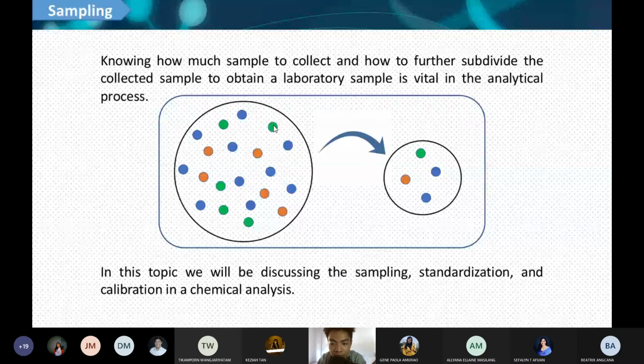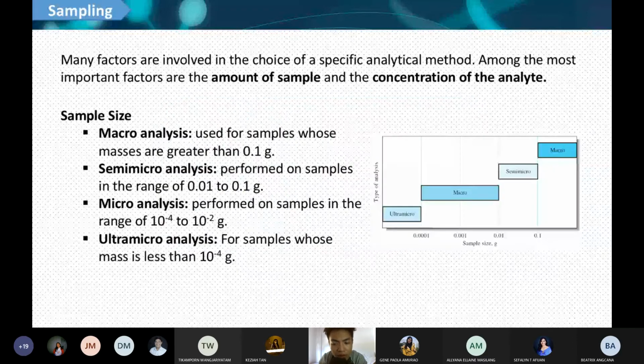So again, when doing chemical analysis, we are not going to analyze the entire population. Instead, we will just get the representative of that population, and that's called sampling. Depending on the concentration and the amount of your substance, you can have different types of analysis for that. So that means you have specific analytical methods to be considered depending on the amount of sample and the concentration of analyte.